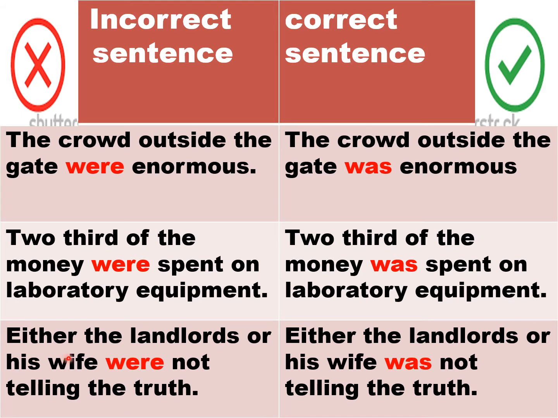Use a verb form of the subject that is nearest the verb. The nearest to the verb is the singular form. Wife is singular, so we must use a singular verb instead of this plural verb. Either the landlords or his wife was not telling the truth.